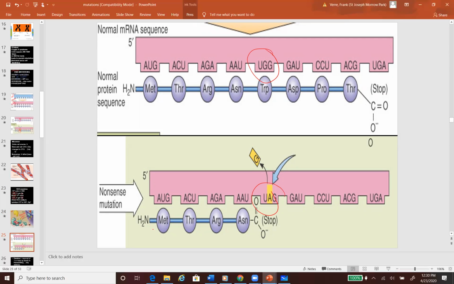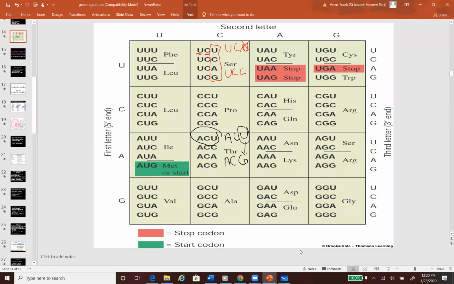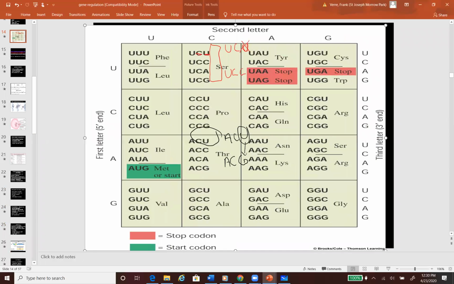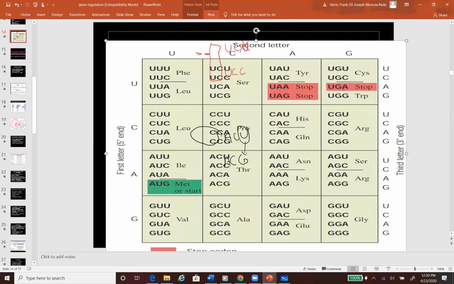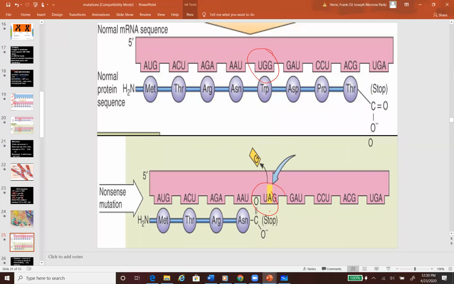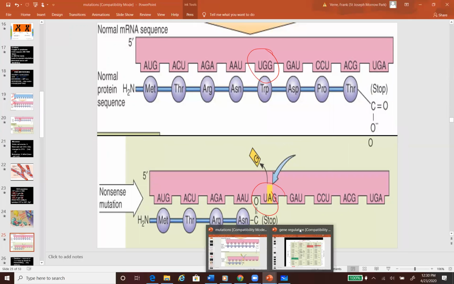If I change that second letter, in this example, the second letter is changed to an A. Okay.